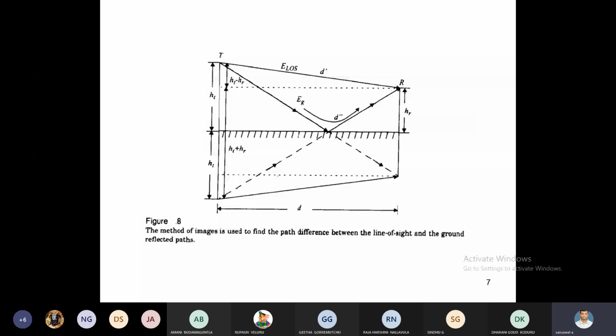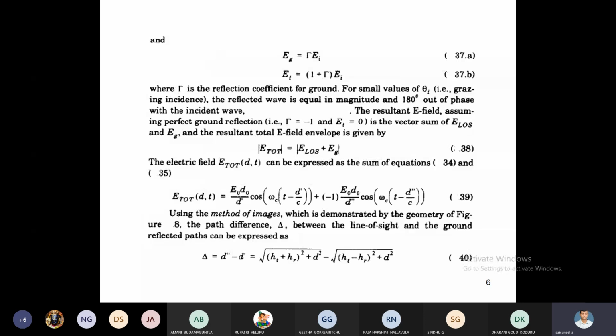Here we take the difference of the distances, d dash and d double dash. Delta is the path difference between the line of sight path and the ground reflection path, that is delta equals d double dash minus d dash. Automatically d double dash is larger than d dash. Why? Because the wave is first incident on the ground and reflected to reach the receiver.